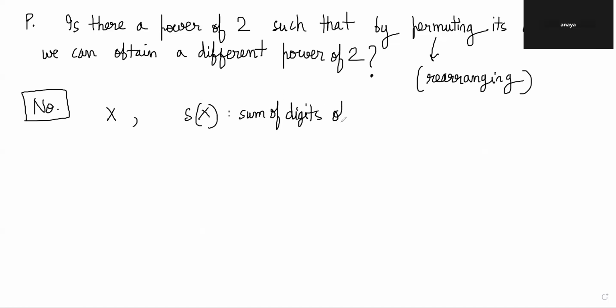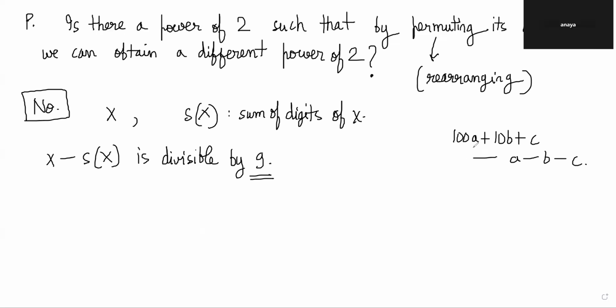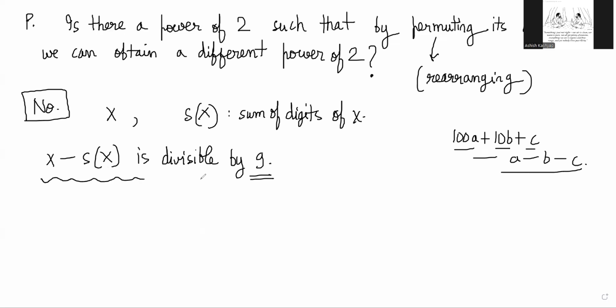It is very simple to prove that x minus s of x is divisible by 9. We have already done it several times before. If you think of it as a 3-digit number, 100a plus 10b plus c minus a minus b minus c, you will easily get that it is divisible by 9. Even with any number of digits, x minus s of x is always divisible by 9. That's obvious.